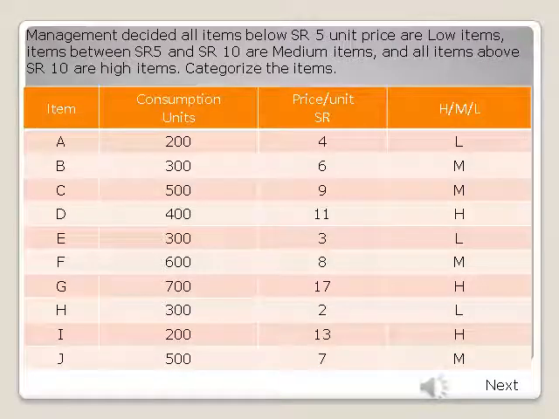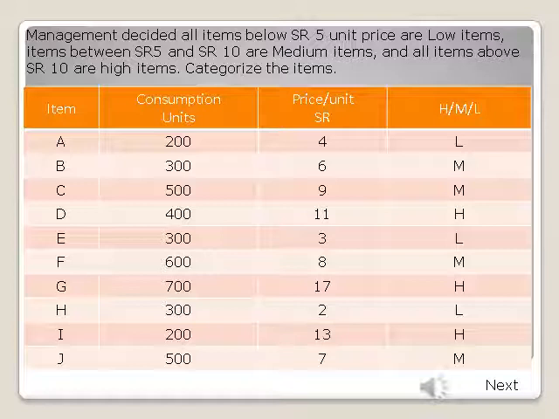This slide shows the example we have for the classification of items based on unit price alone. As you can see, the requirement here is that all items above 10, that means 11 and up, are to be classified as H items.